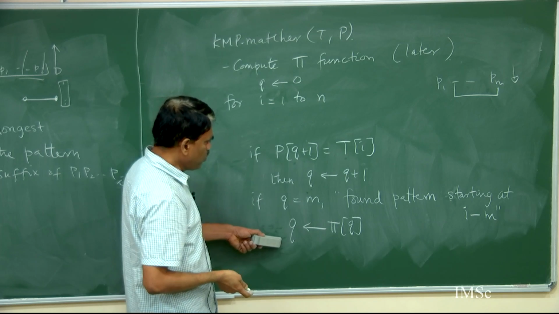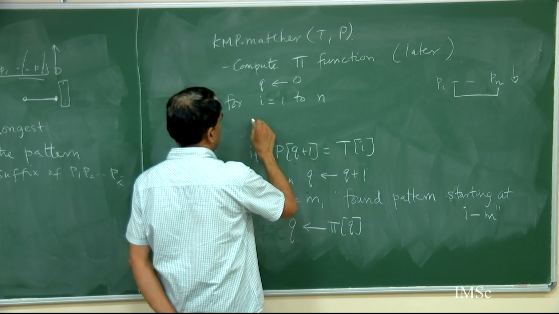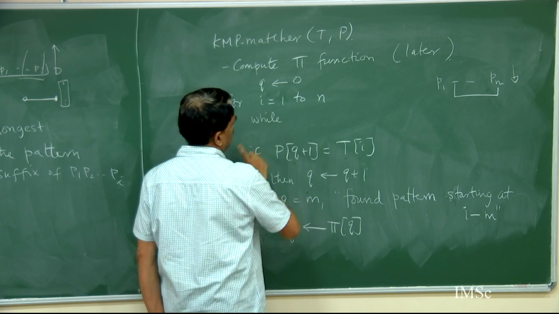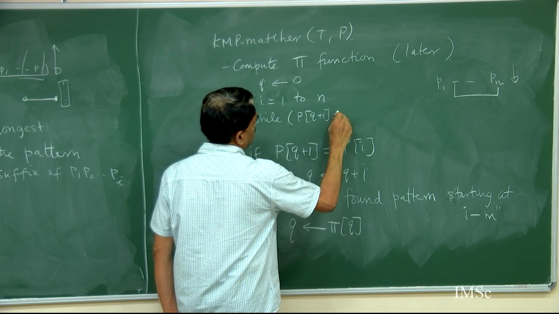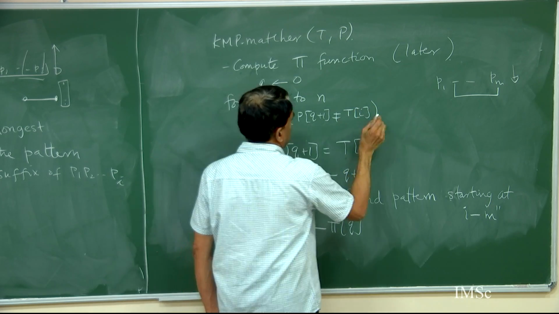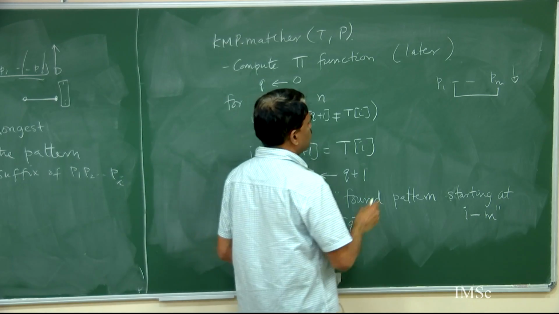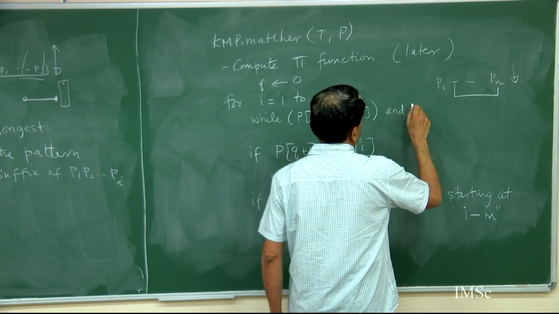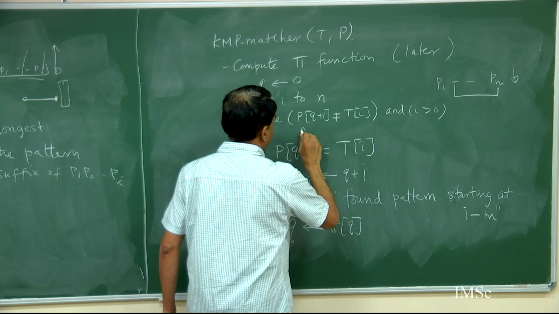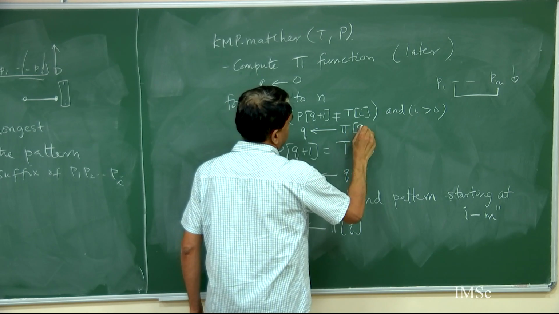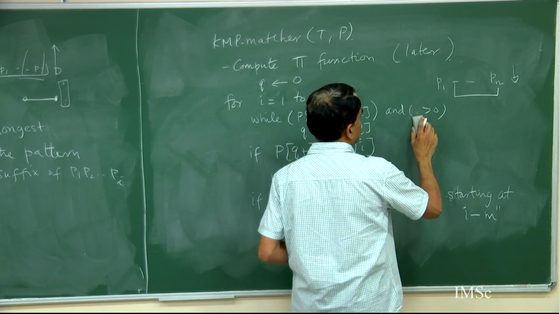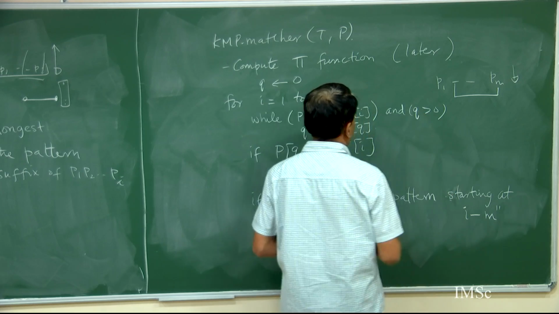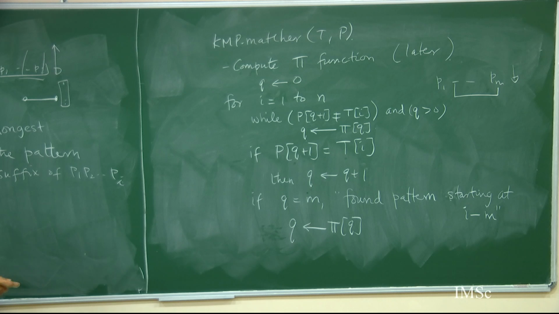Okay. Now, if I do not have a match, while I did not match, then Q is going to be pi of Q. Okay, but I am going to say while Q is greater than 0, because it is possible that my pi Q... okay.